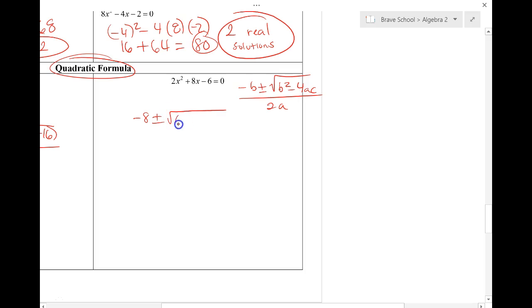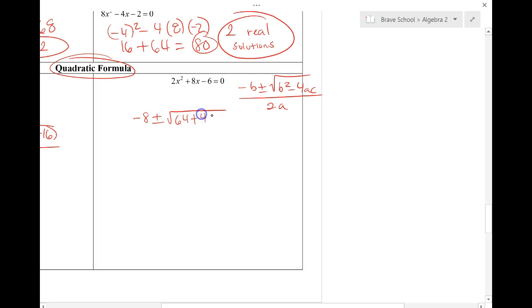So b squared is 64, minus 4 times a, which is 8, times negative 6, which is negative 48, and I've got two negatives there, so that's going to make a positive.